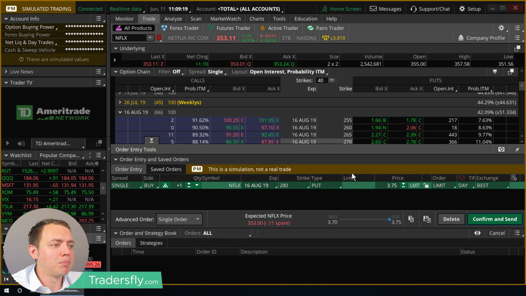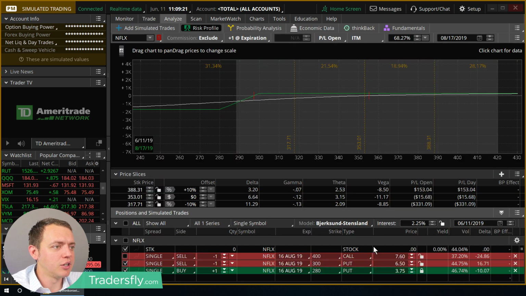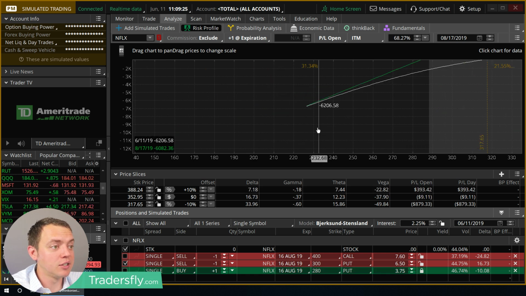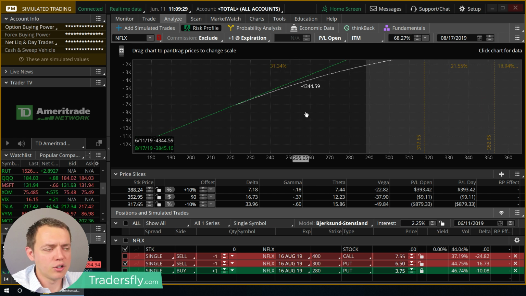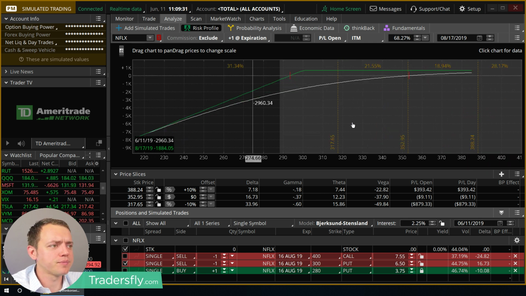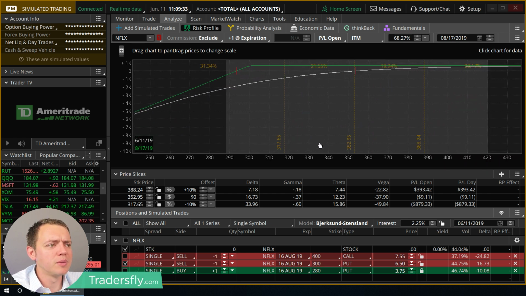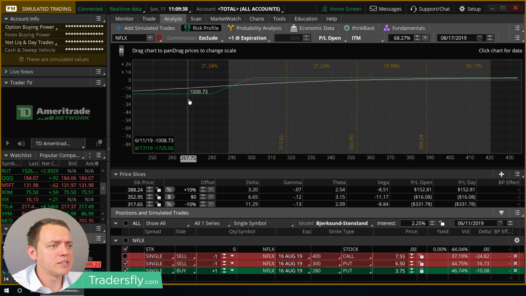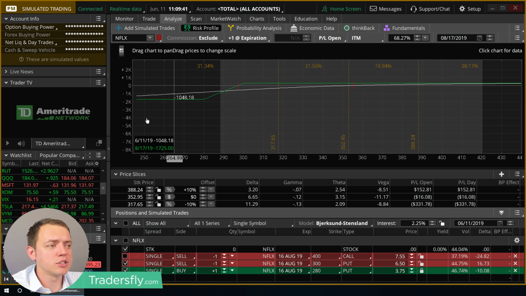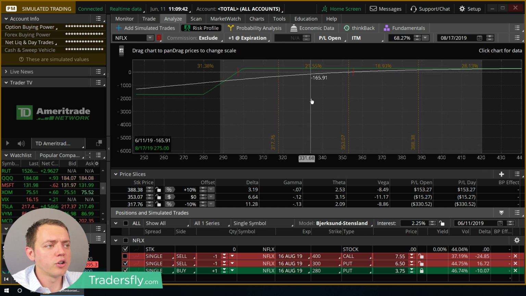In that case, I'll buy a protection here, and now it caps my losses. Otherwise, if that stock does tank and continues to go down further and further, that becomes a problem. So you go a little bit out and buy some protection, and now it caps your losses right there. And this is called a vertical spread.